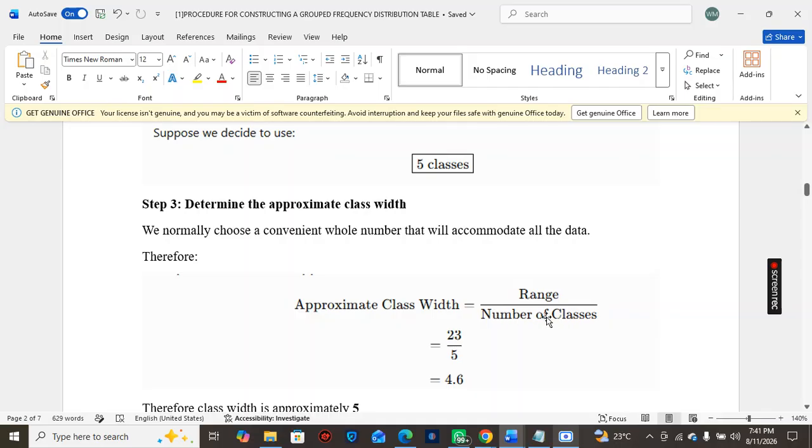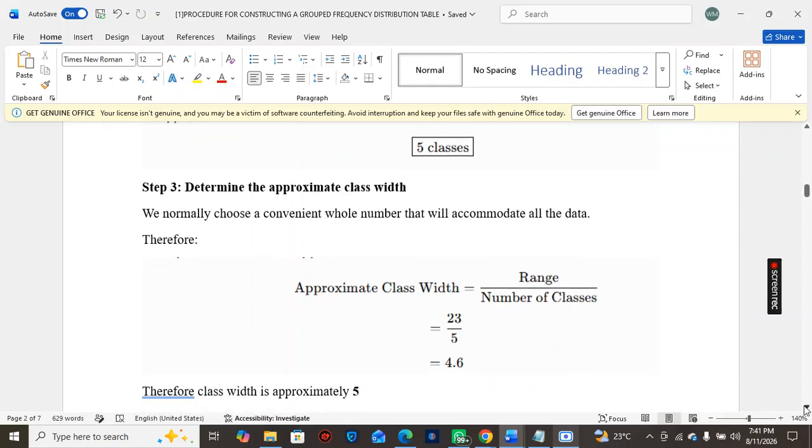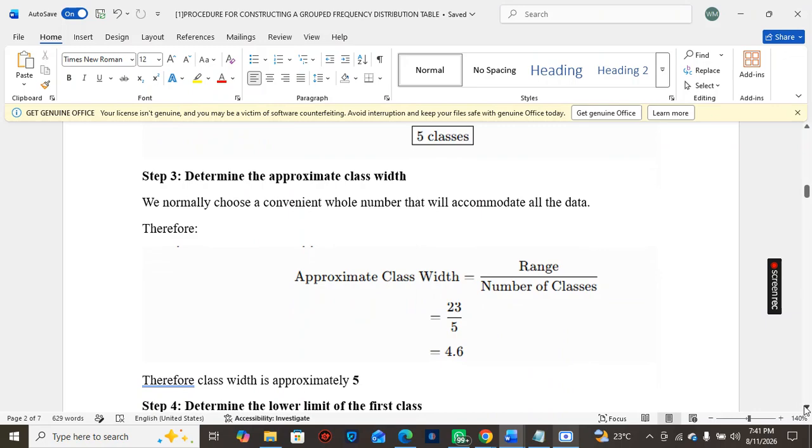The range is 23 and we have five classes, so 23 divided by 5 is 4.6. We just round it off to the nearest whole number, so our class width is going to be 5.